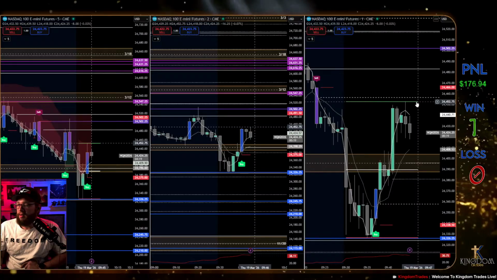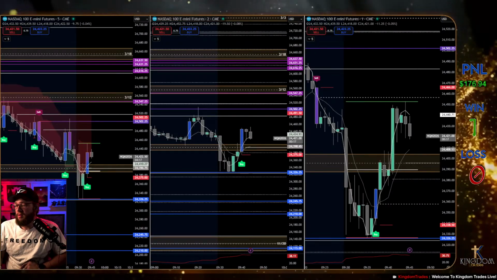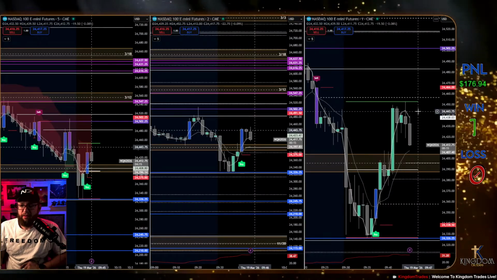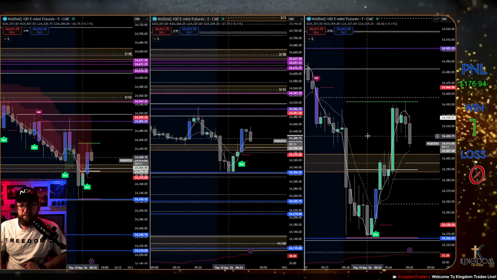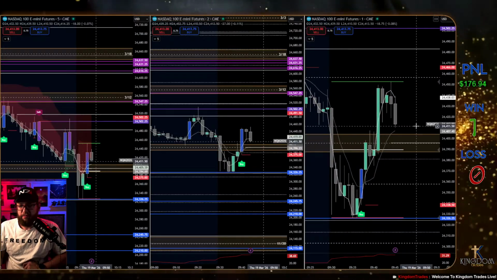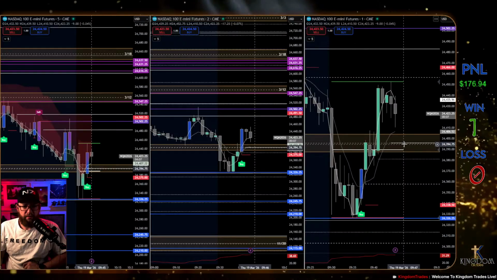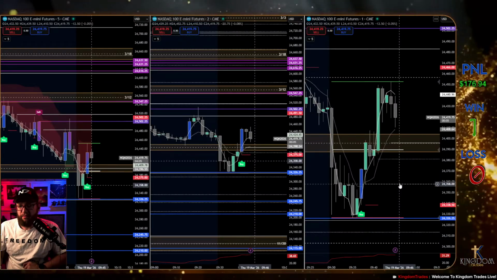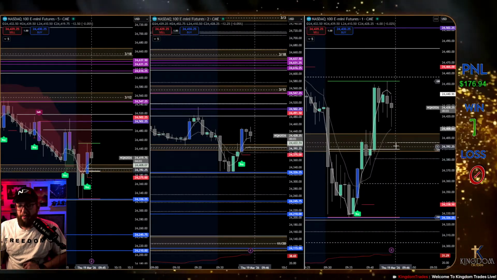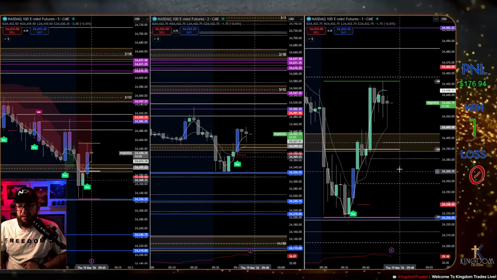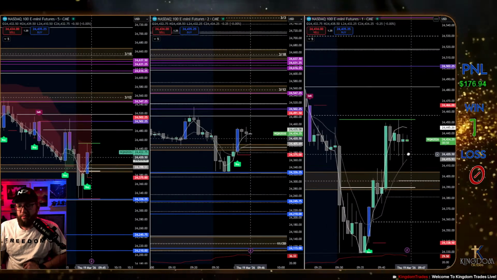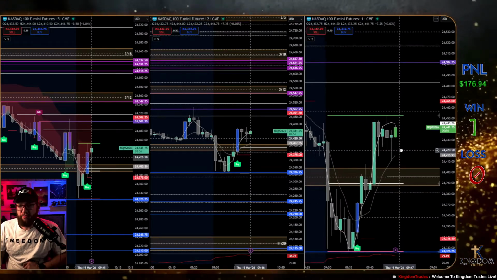That could have been a good read right there. Big push down. EMAs flipped up on the 5 minute, this 96 level. Just ranging here.